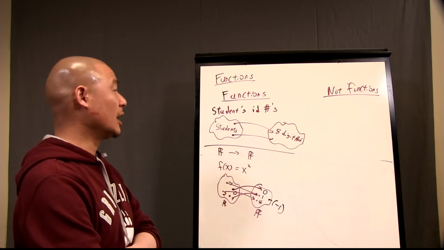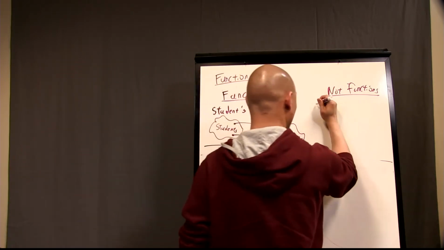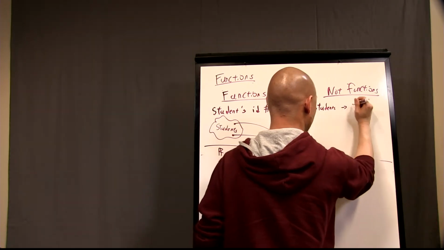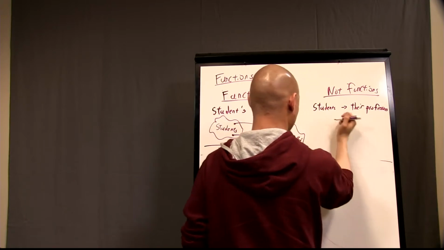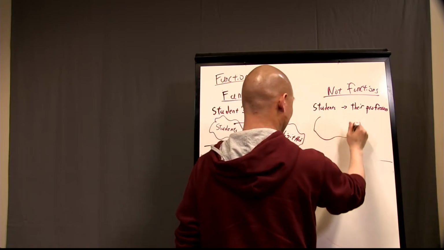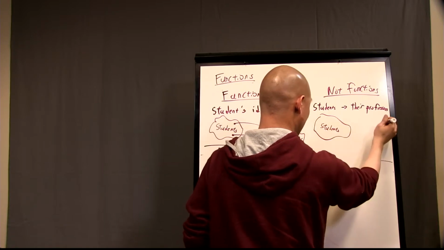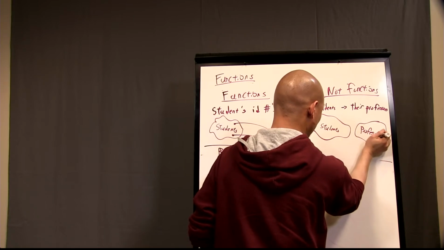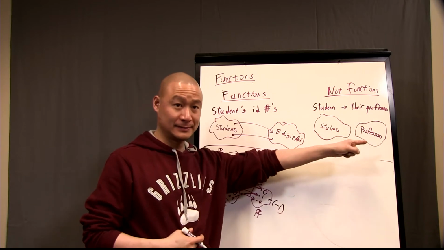Now, some examples of not functions are like students being sent to their professors. So we have again all the students and all the professors at the campus, and if a student is taking a class from a professor, we'll make an assignment.